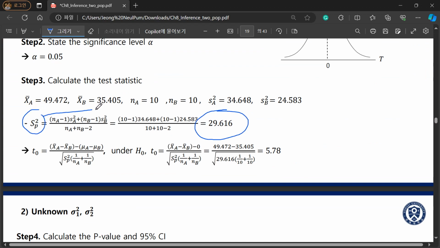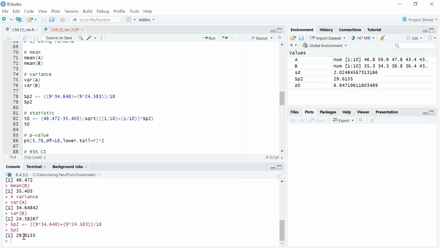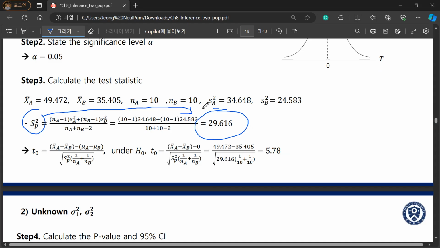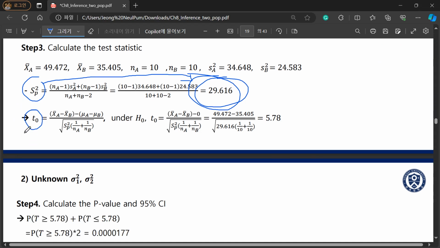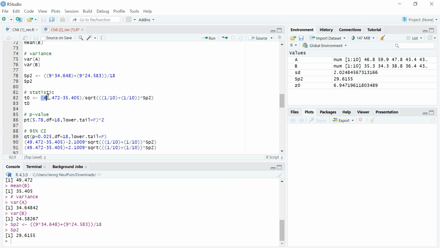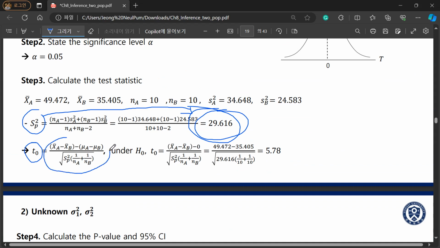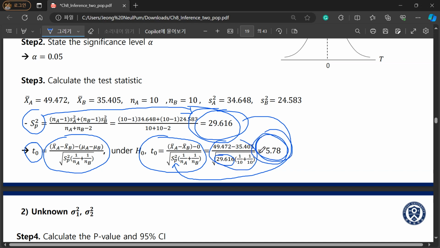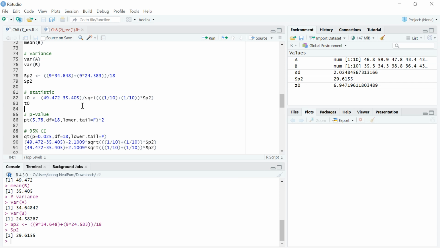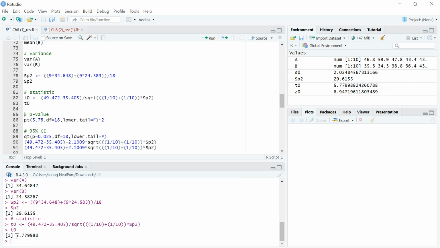The pooled sample variance is the same as this one, 29 here. Which means that we can also make our test statistic by using this formula and this code. The formula is the same as this one, and this value goes to this part, and it says about 5.78, which is the same as 5.78.